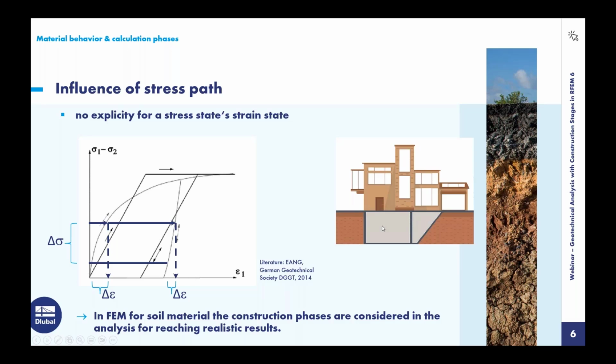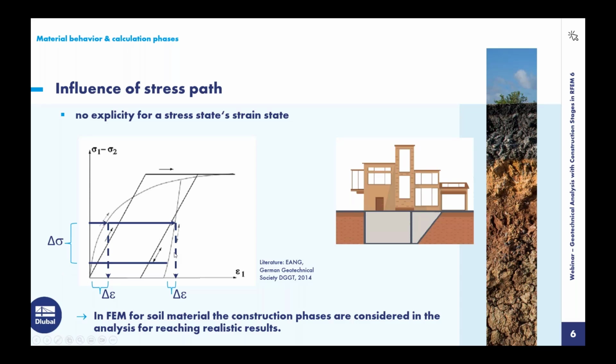And then you should start to put in the construction, and you should consider these phases. So in finite element analysis for soil material, the construction phases are considered in the analysis. You need to do this to reach realistic results with these material models.